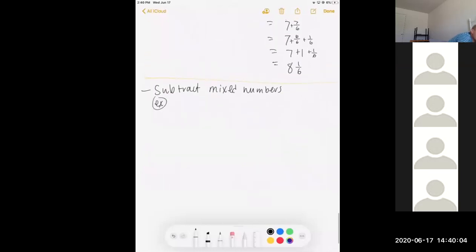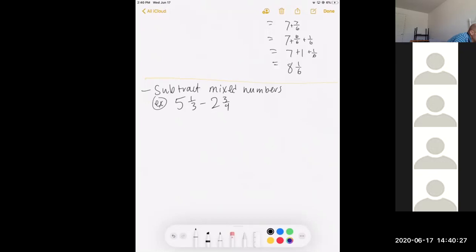So our example problem is going to be 5 1/3 minus 2 3/4. What they like to do in Singapore math and on fluency tests is put the fraction part of the second number, or the subtrahend, to be bigger than the fraction part in the minuend, or the first number.